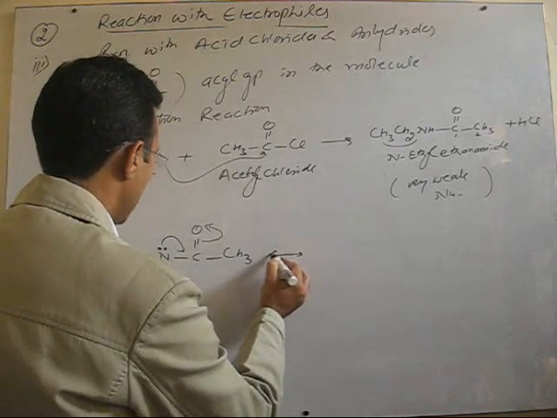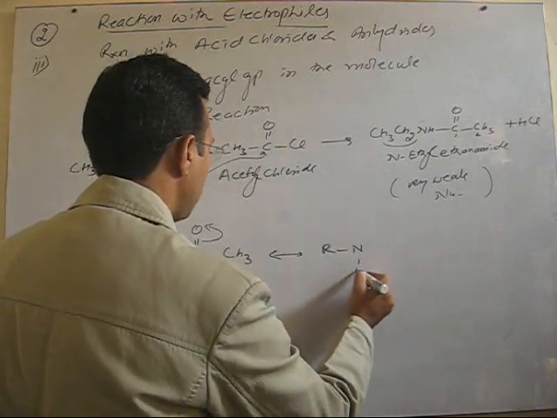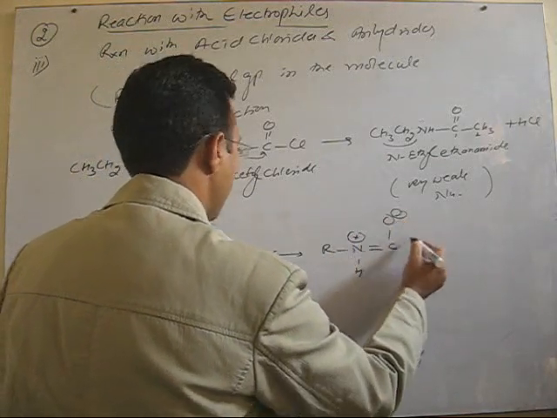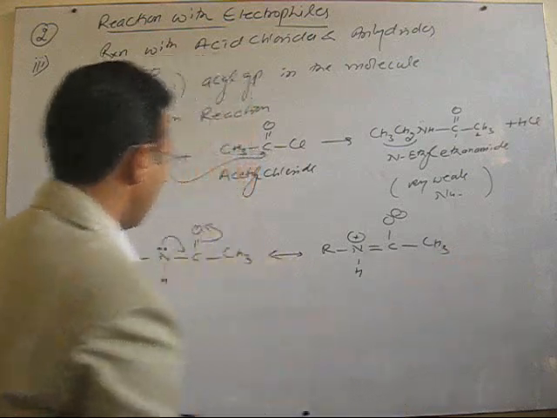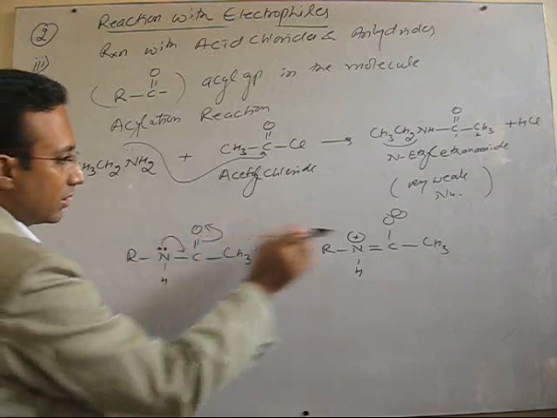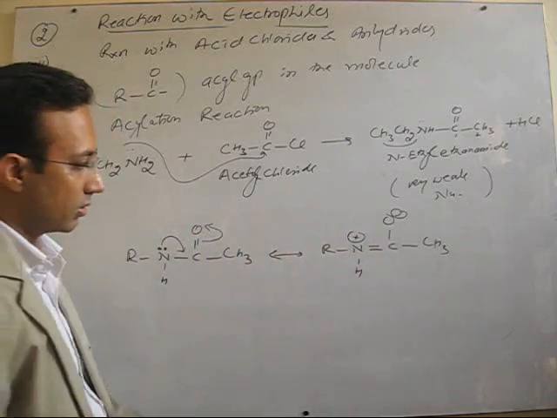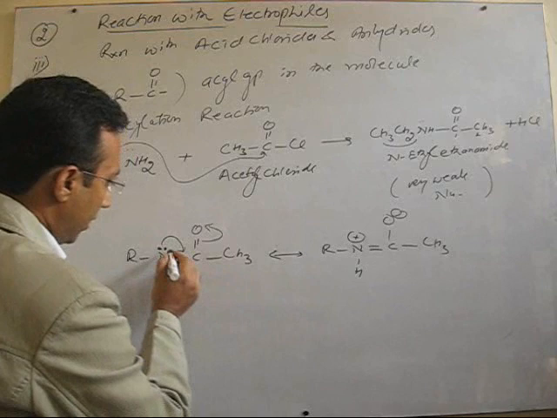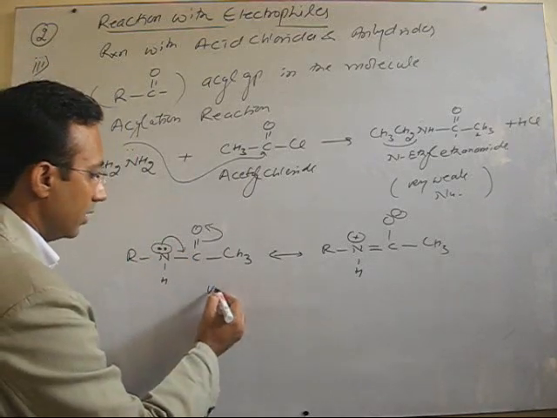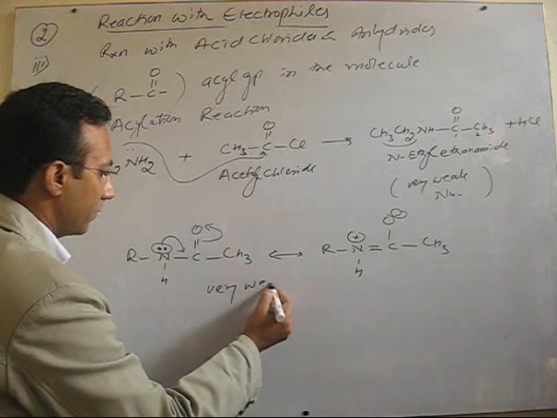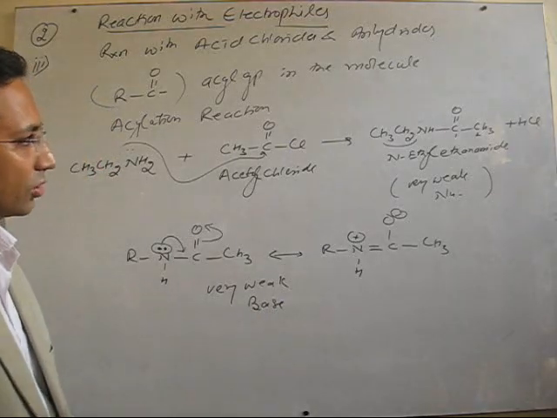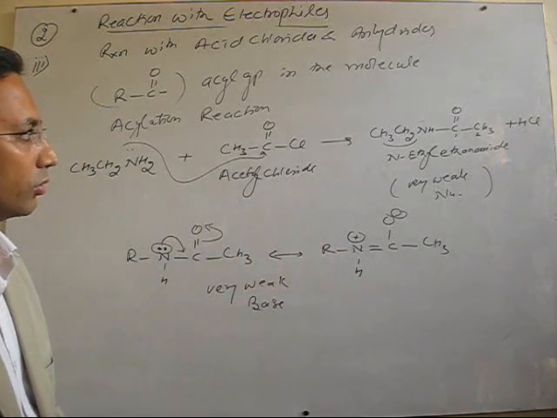As a result, if you observe the resonating structures, you see here that the availability of lone pair on nitrogen is reduced. Here the lone pair is present in one structure, but lone pairs are not there in the other structure. So this shows that the availability of lone pair on the nitrogen is very less. So it makes it a very weak base or a very weak nucleophile, you can say. So the reaction stops at this stage, further it does not take place.